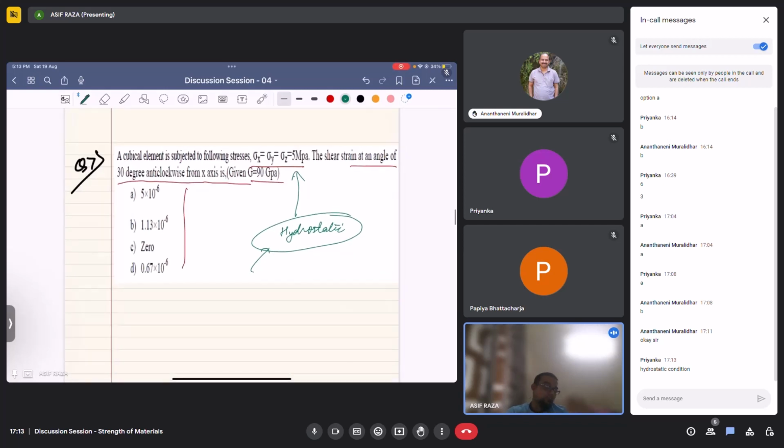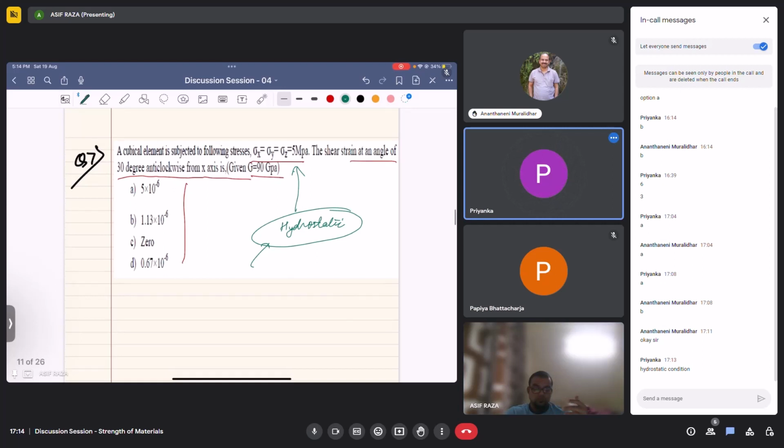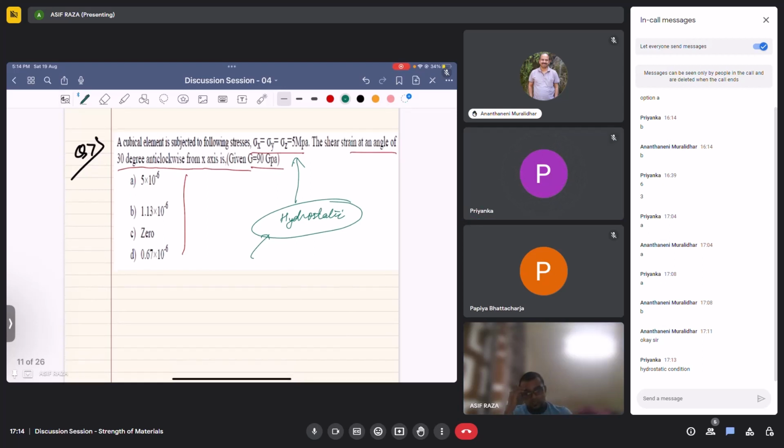What would be the correct answer pertaining to this? I would give you a hint, guys: see what the Mohr circle pertaining to this would be. It will be a point, sir. Yes. So in this case, given sigma x equal to sigma y equal to sigma z is equal to 5 megapascal, and the shear strains are 0.